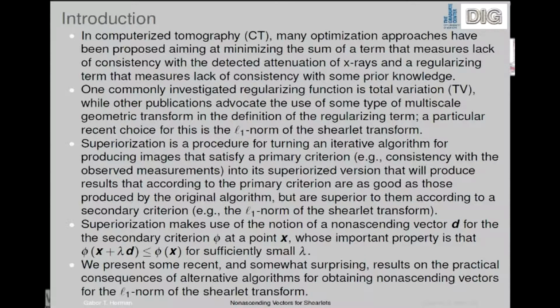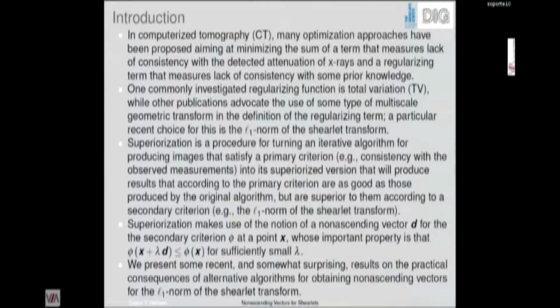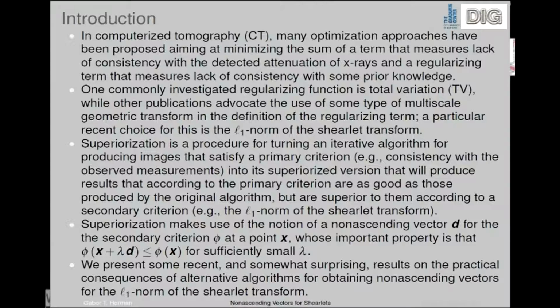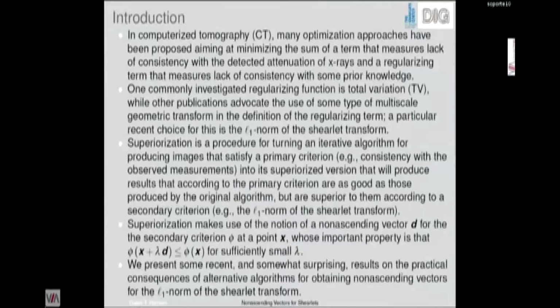And the way that is introduced is that one defines the problem using a function which has two terms. One of the terms measures the lack of consistency with the observed data, which is obtained by detecting attenuation of X-rays. And the other term is a regularizing term, which measures lack of consistency with some prior knowledge.